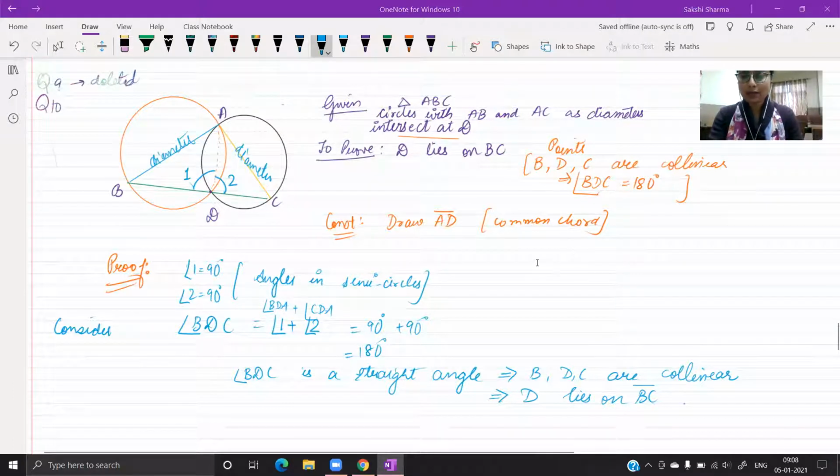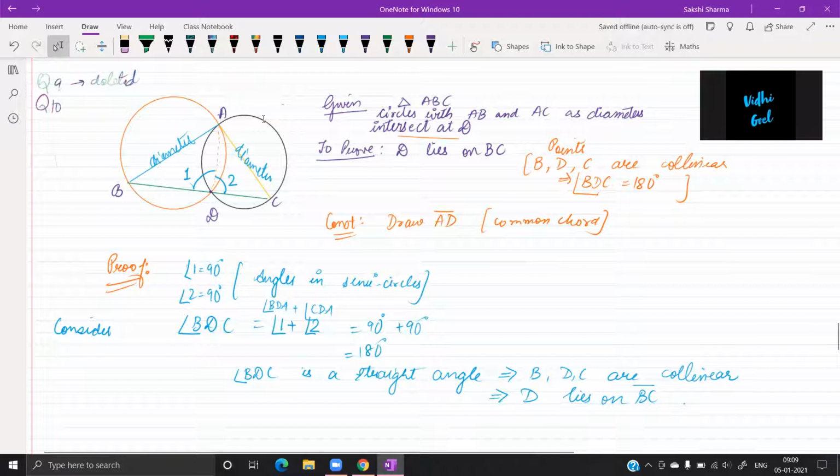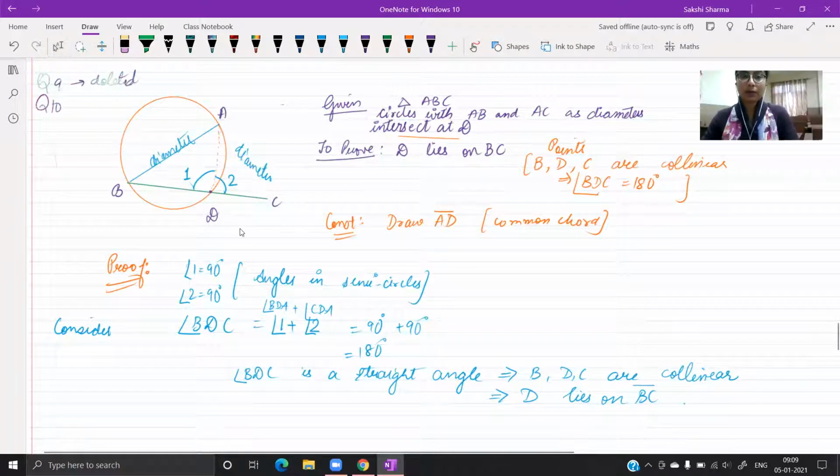Angle 1 and angle 2 actually are touching the circumference. Just observe. Now you can see angle number 1. Angle number 1 is formed on the circumference and it is subtended by the endpoints of the diameter.